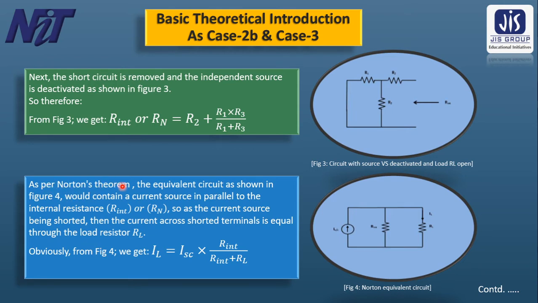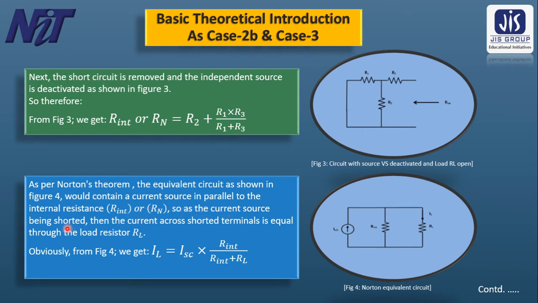As per Norton theorem, the equivalent circuit shown in figure 4 contains a current source in parallel to the internal resistance, and this current source is nothing but ISC, your short circuit current, with the internal resistance RINT or RN.